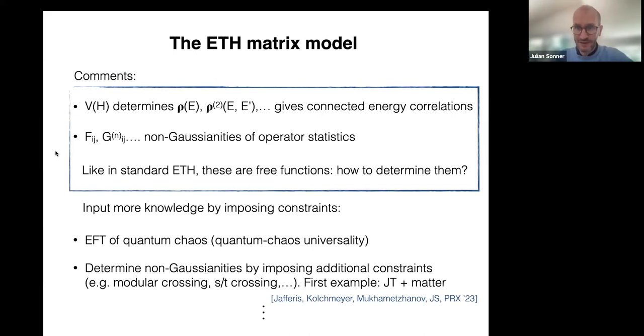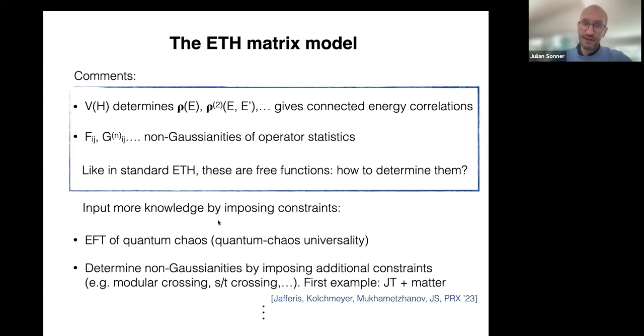And in the same sense, in the ETH matrix model, you can make statements of this kind. So that's already interesting, but our actual goal is to use it to describe specific systems, such as JT gravity plus matter, or chaotic CFTs that are dual to 3D gravity. And then we need to find a way of determining these functions. This is what I will try to explain next.